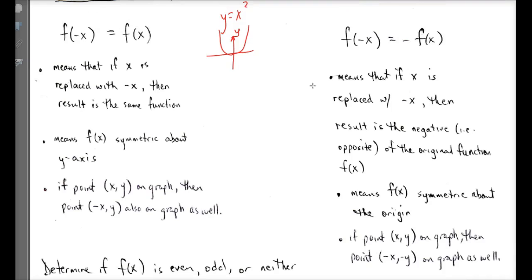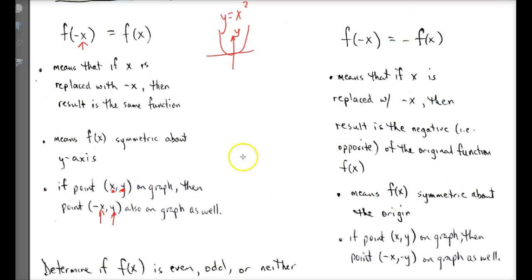Algebraically speaking, when a function is even, we can replace everywhere we see x with negative x, and what we get is still f of x. Or put another way, if I have a point (x, y) and I plug in negative x, I still get a positive y.